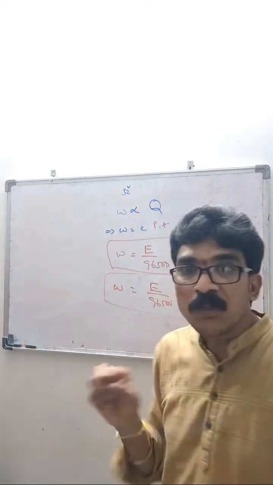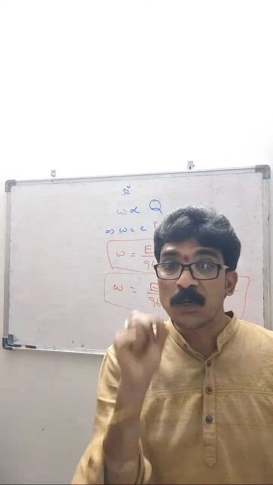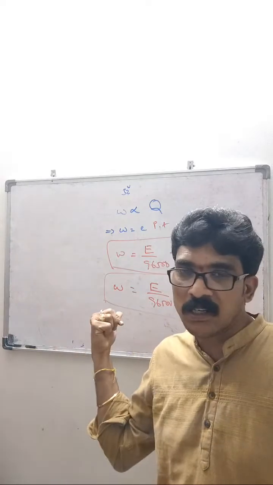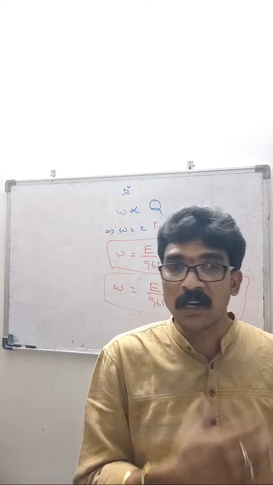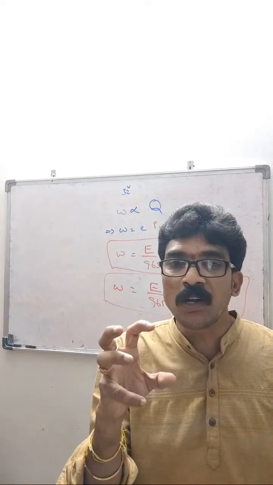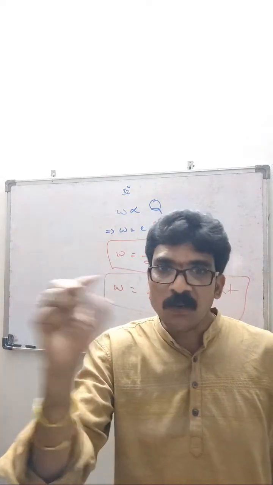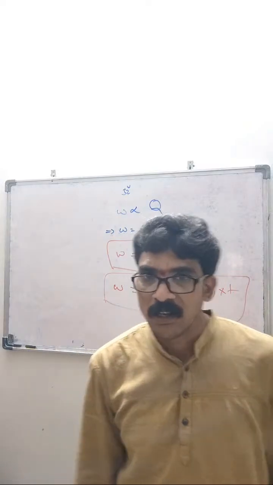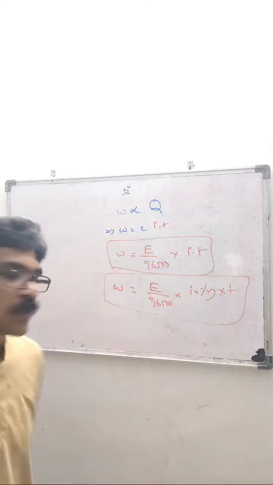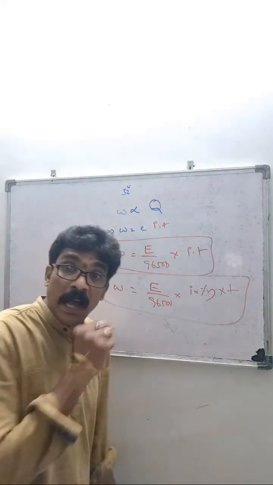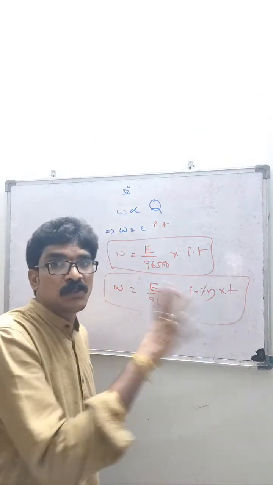Because we want coulomb. The entire term is related to 96,500 coulomb, which is called 1 farad, I already told. Ampere into second only indicates the coulomb. Is it clear? So therefore, W is equal to equivalent weight by 96,500 into I into percentage of efficiency into time.